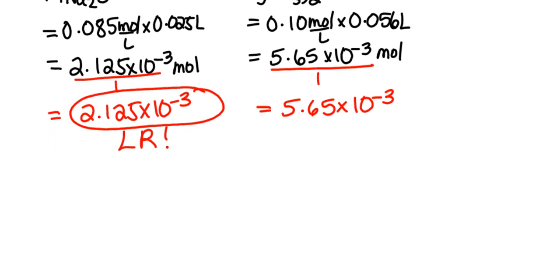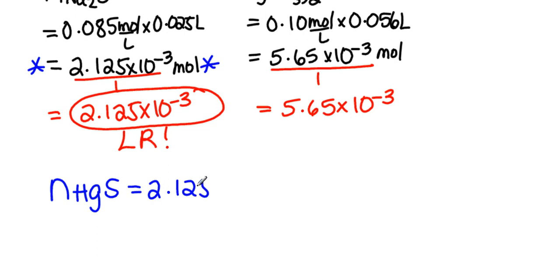So let's walk through the rest together. We have moles of our limiting reactant. We need to find moles of our product. So moles of mercury 2 sulfide. We take our moles of our limiting reactant, 2.125 times 10 to the negative 3 moles of sodium sulfide, and I'm going to multiply that by my mole ratio.